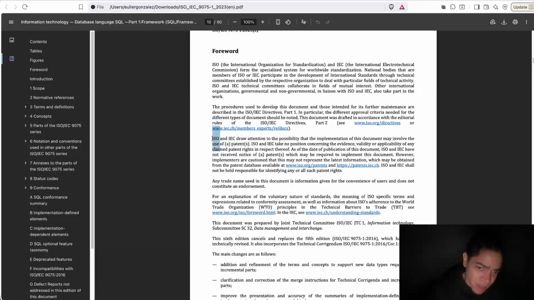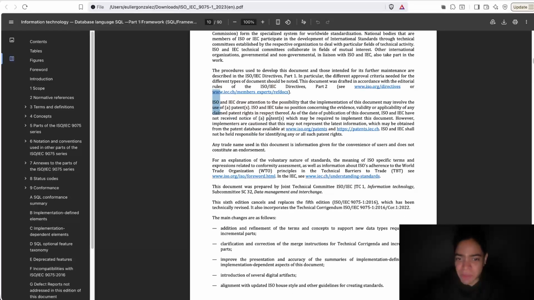Then there is the ISO, the International Organization for Standardization, founded in 1947. This particular section is quite relevant in describing who oversees the principles of these standards, and that is the WTO.